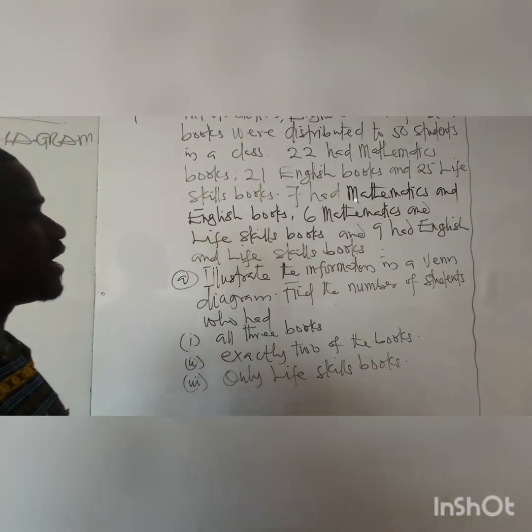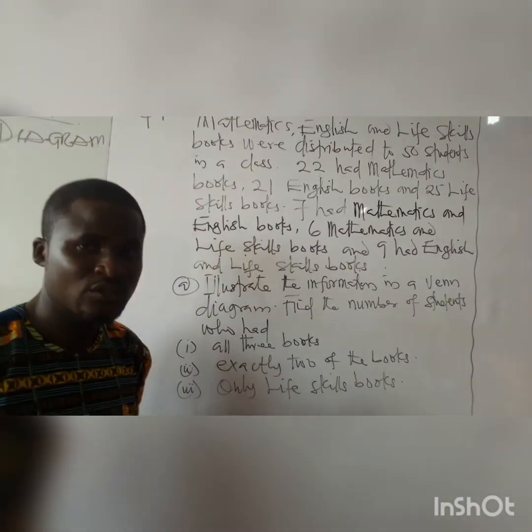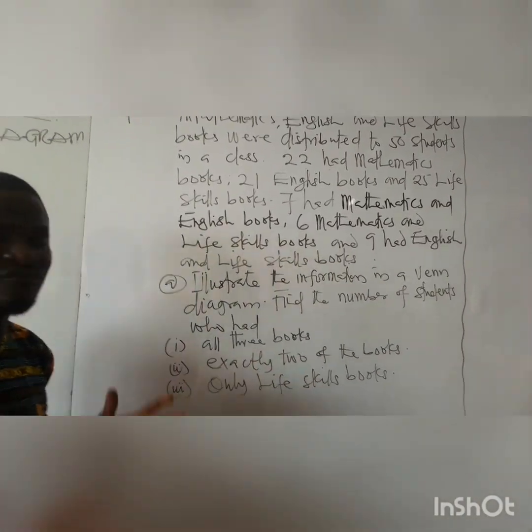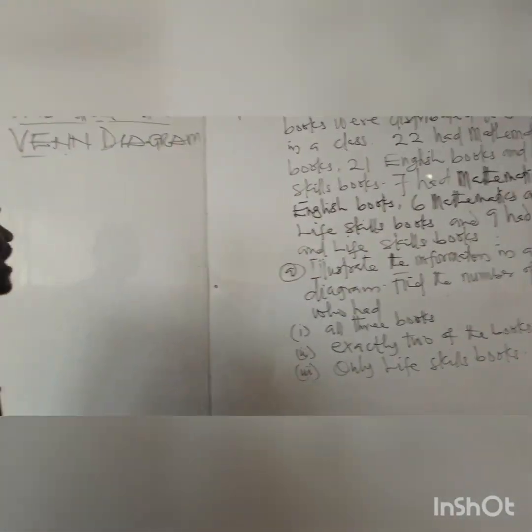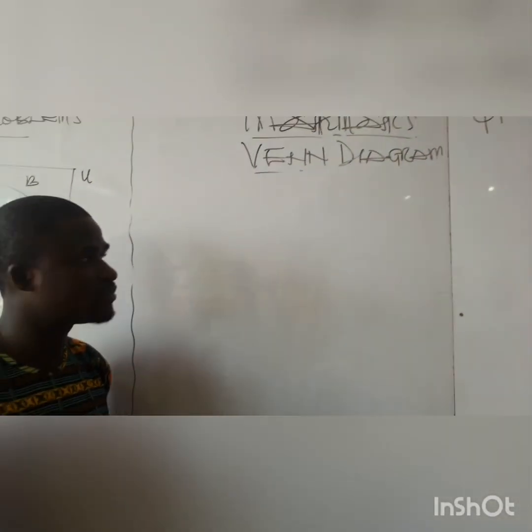Good. Now, in our previous lesson, we learned how to write the data. So, we are going straight forward to draw a Venn diagram. Now, let's look at how we are going to draw the Venn diagram with the 3 sets problem.